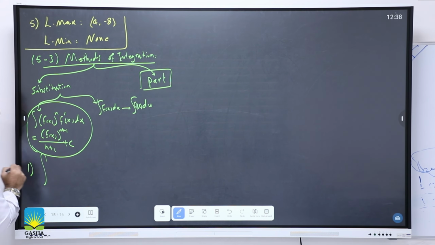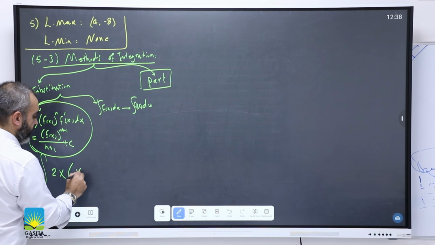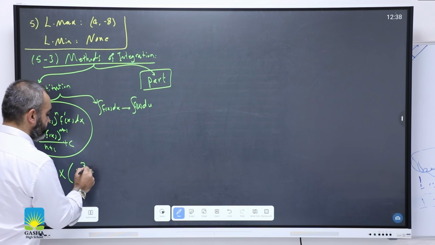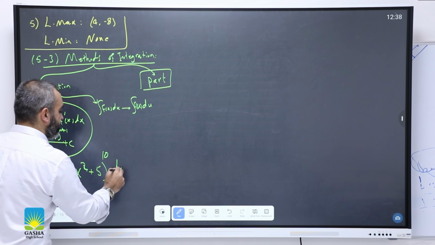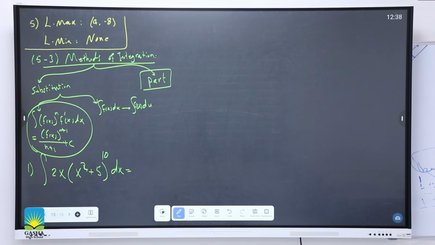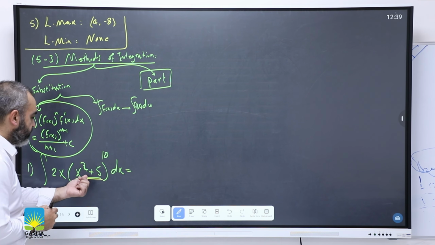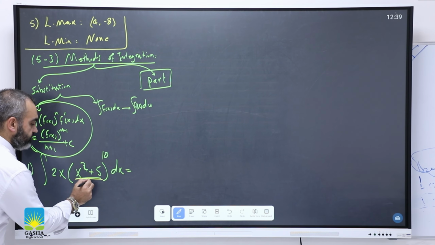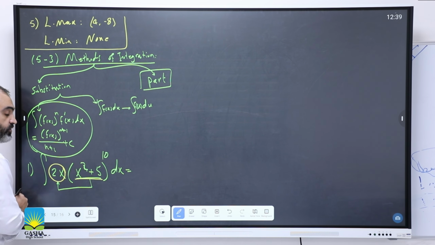First, the integral of 2x times x squared plus 5 to the power 10 dx. What is the integral of this? First, we note the derivative of the inside of the bracket. What is it? It is 2x.